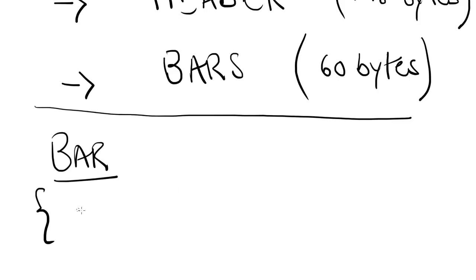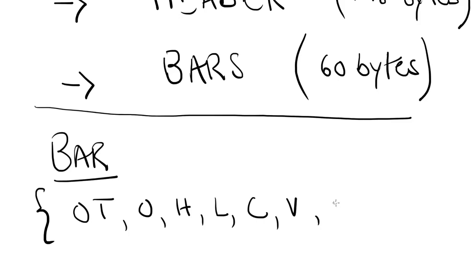Each bar object is composed of the following information. You have an open timestamp, the open time of the bar in MetaTrader terms, followed by the open price, then the high price of that bar, the low price, the close price, the volume, spread, and something called real volume that is only available for certain assets.